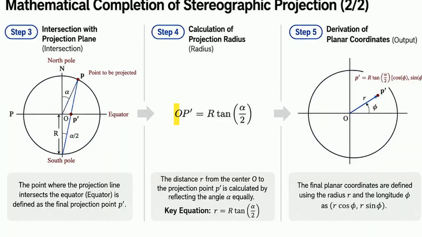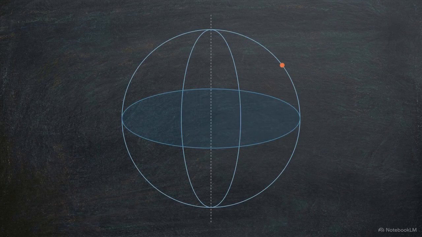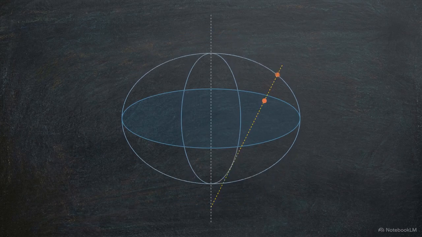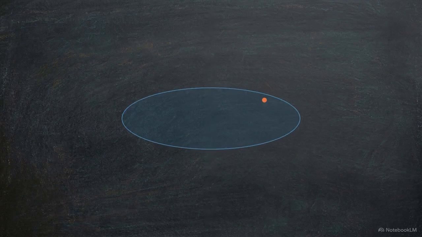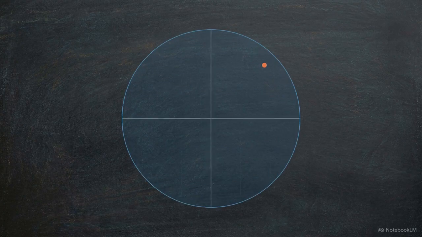This yields the governing equation for stereographic cartography. The projection radius, r, equals the sphere radius, R, multiplied by the tangent of alpha over 2. This single radius variable strictly dictates how far from the origin our pole will sit on the final 2D plot. Through a straightforward geometric proof, the 3D physical orientation of the crystal is secured as a computable 2D analytical coordinate.